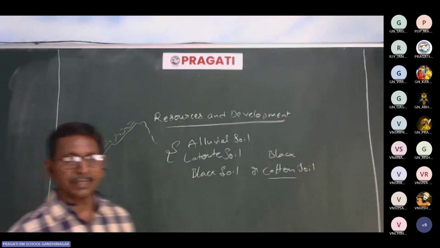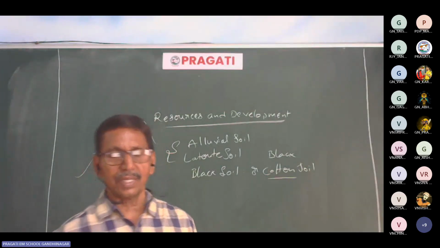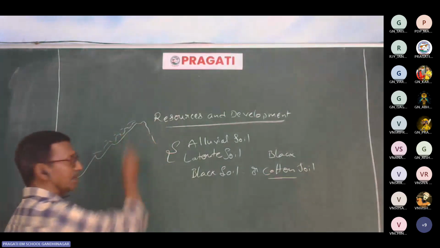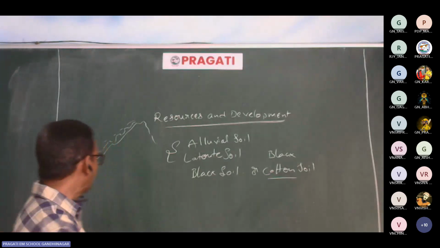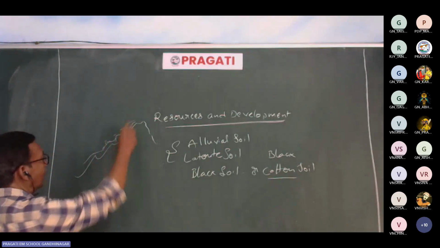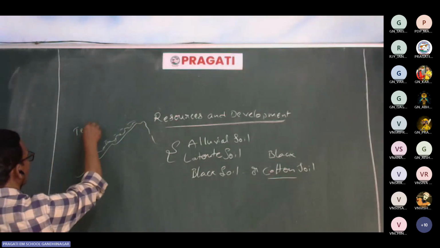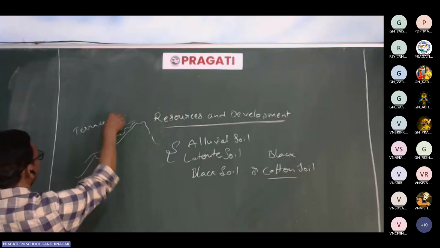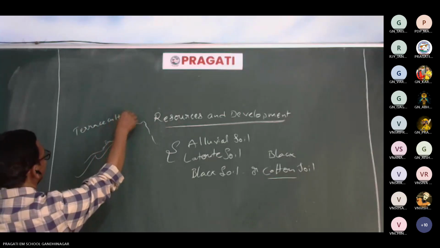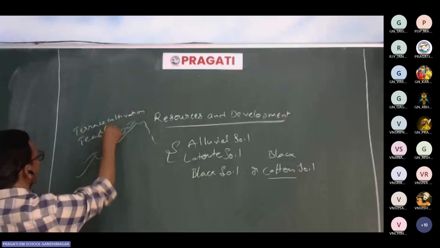Because whenever it rains, the water can run off; otherwise, these crops may rot. That is why the soil is arranged step by step in the form of strip cropping, or terrace cultivation. Terrace cultivation, especially for tea and coffee.